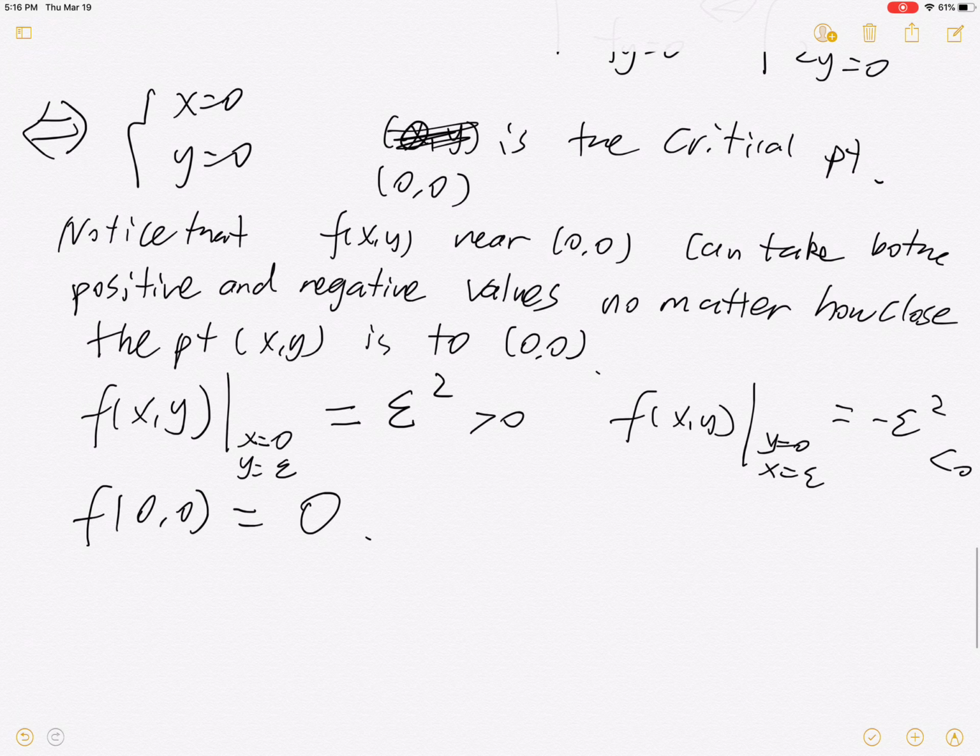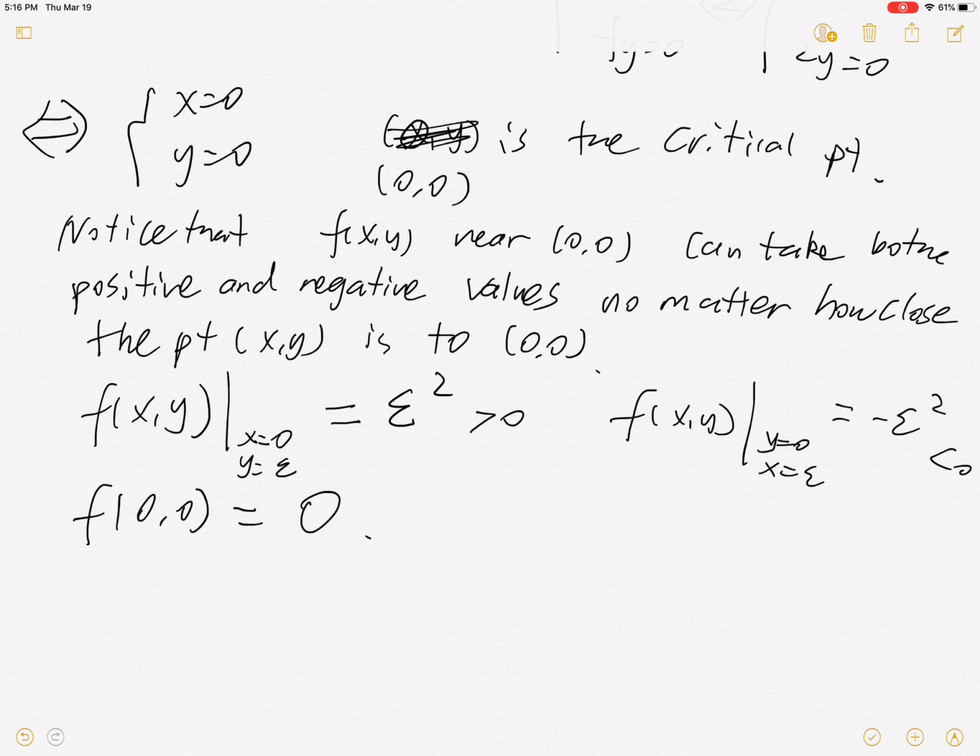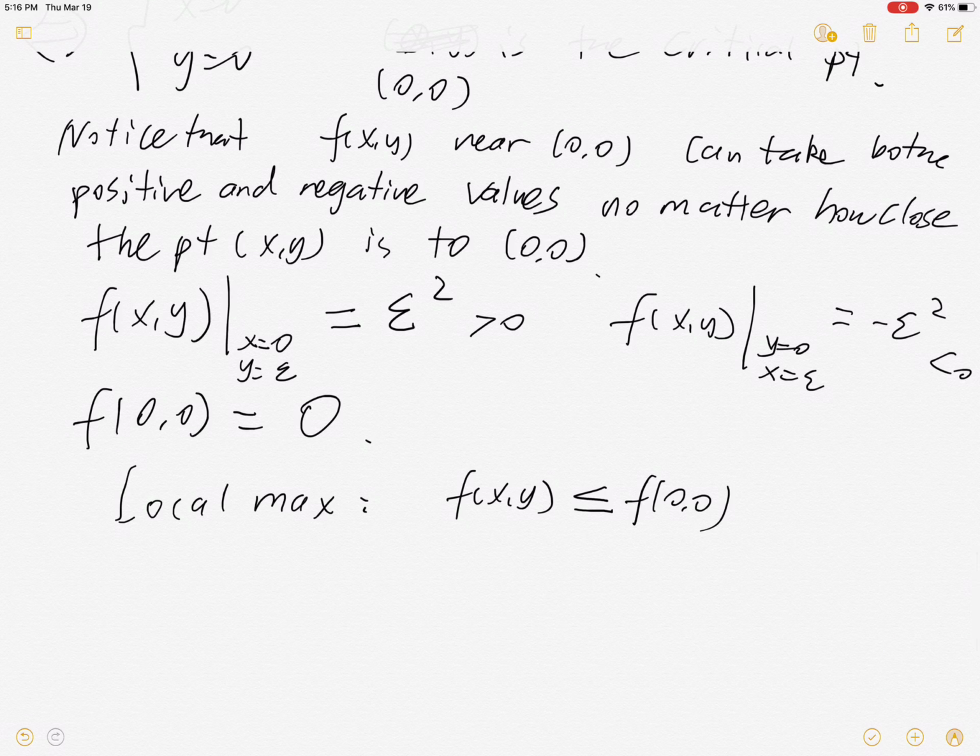Recall the definition of local maximum or local minimum. So what does local maximum mean? f(x, y) should be less than or equal to f(0, 0) when (x, y) is near (0, 0).